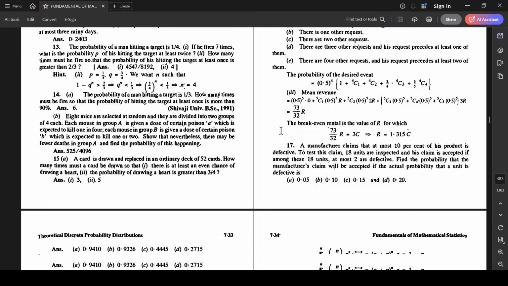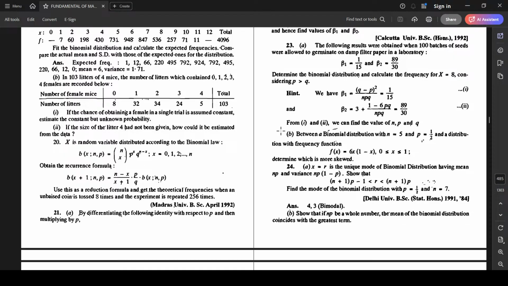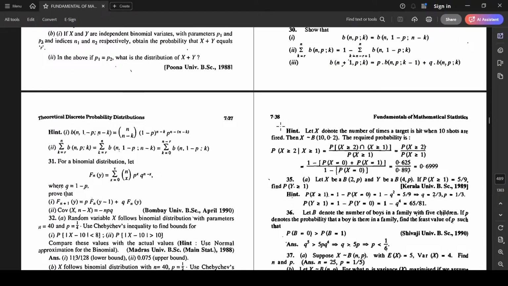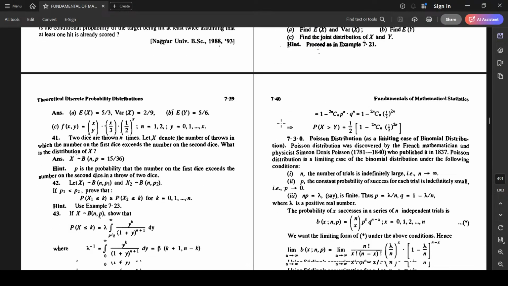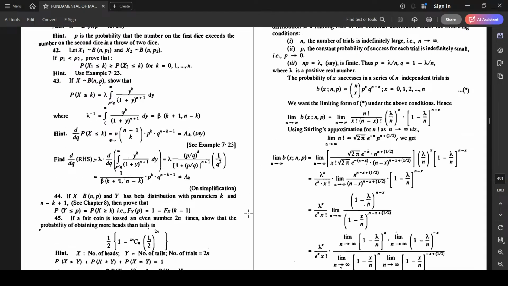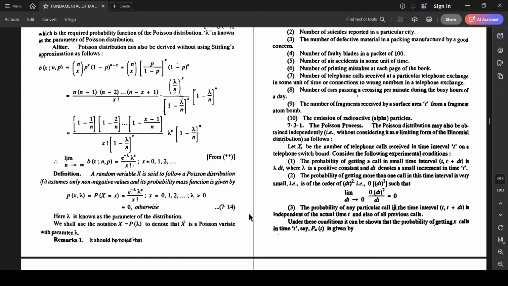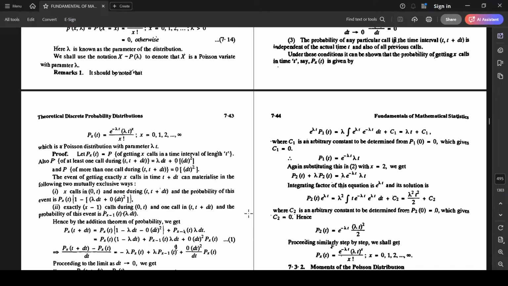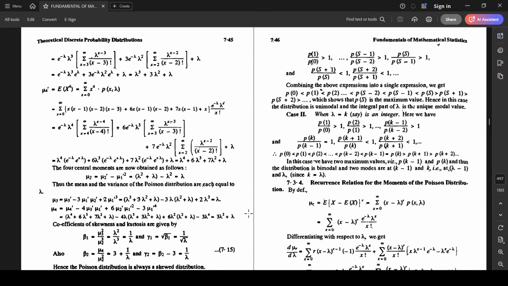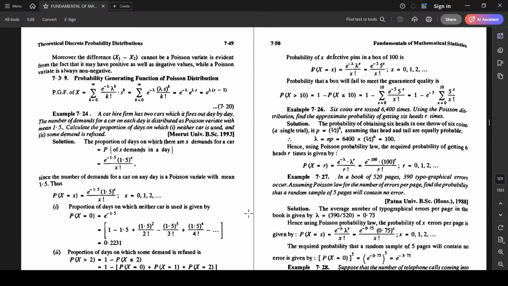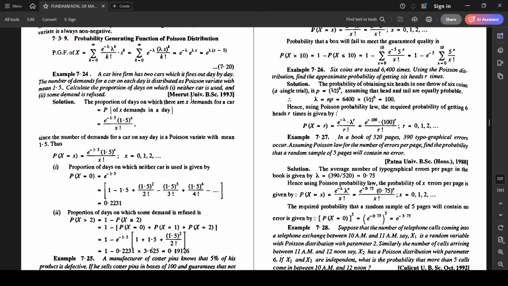This is the exercise. Example number 7.24. Okay, we have to start from here.